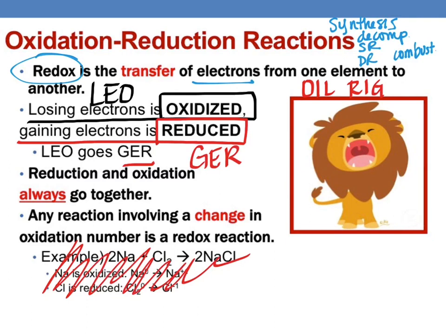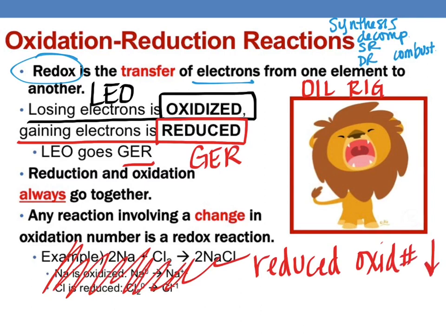How I like to also remember this is if something is reduced, their oxidation number decreases. Their oxidation number goes down. If something is oxidized, its oxidation number goes up. Kind of. We're going to talk about that in a minute. Any questions on that?